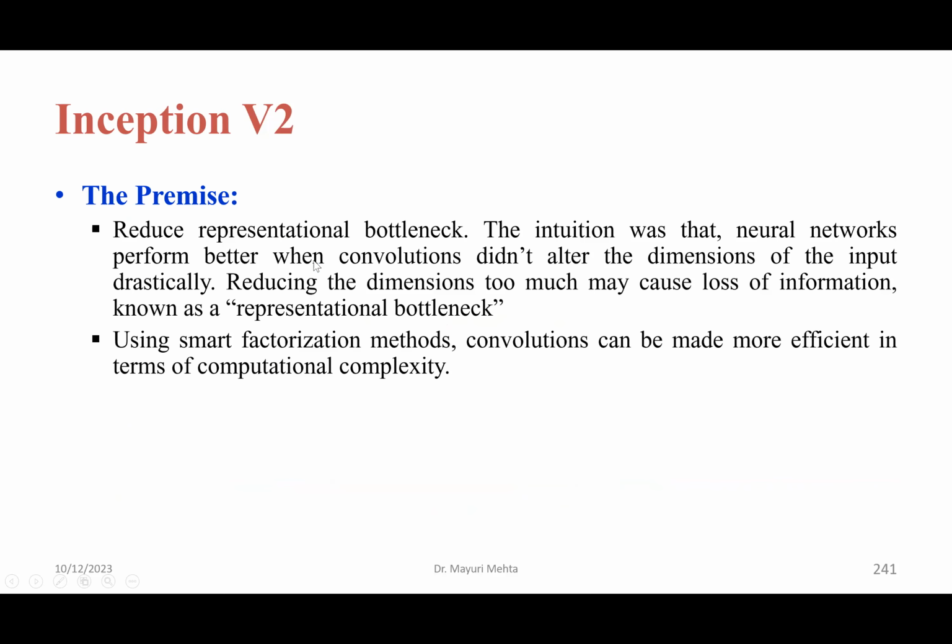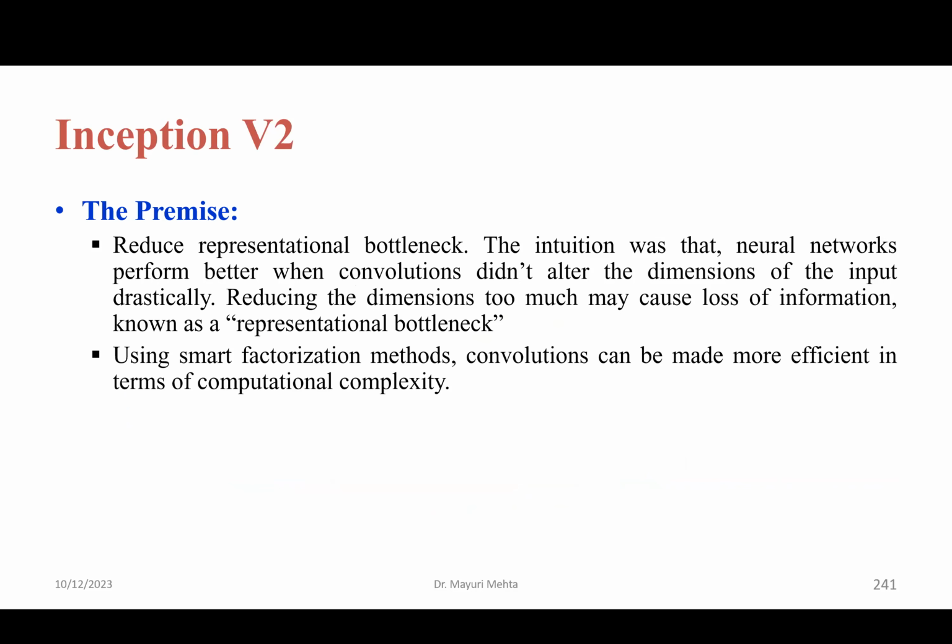So they thought that this 5 cross 5 convolution should be factorized into two 3 cross 3 convolution operations to improve computational speed, that is, to reduce the computational complexity. Two 3 cross 3 convolutions is a kind of factorization.